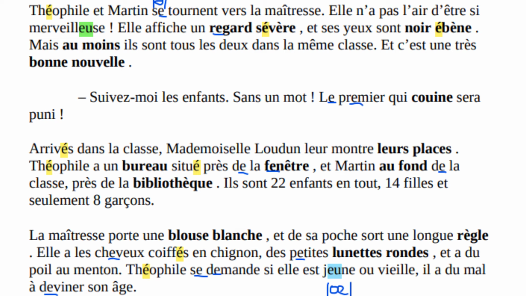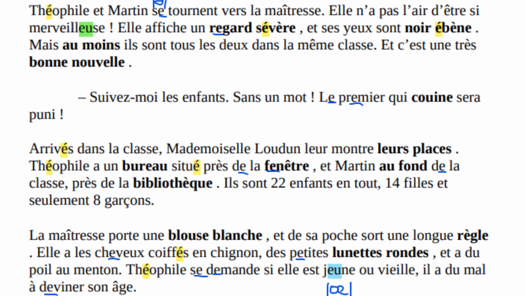Coiffé. For our coiffé, can we hear the A sound? There we have our accent aigu. Un chignon. Des petits, can we hear the E sound? Des petites lunettes rondes. Et a du poil au menton. Théophile, se, we have a E there.